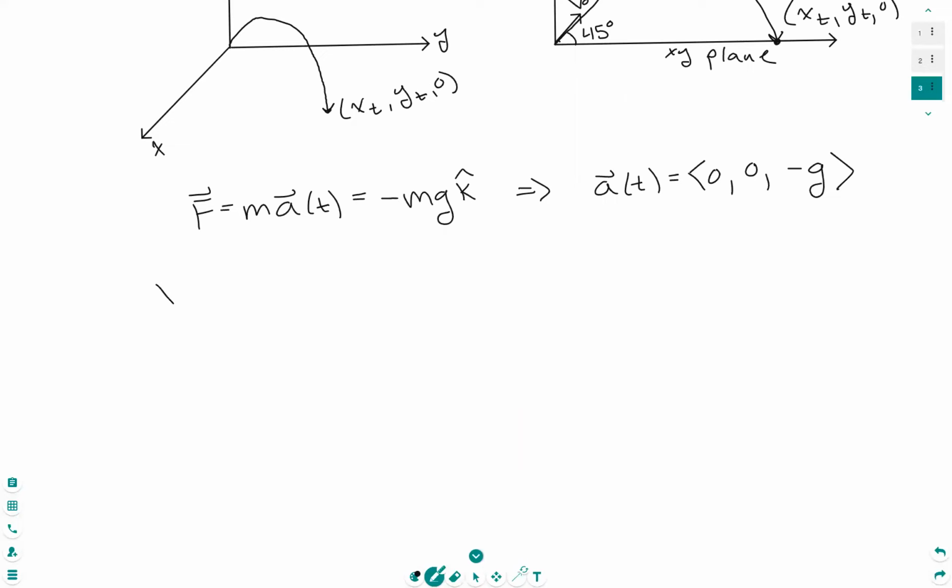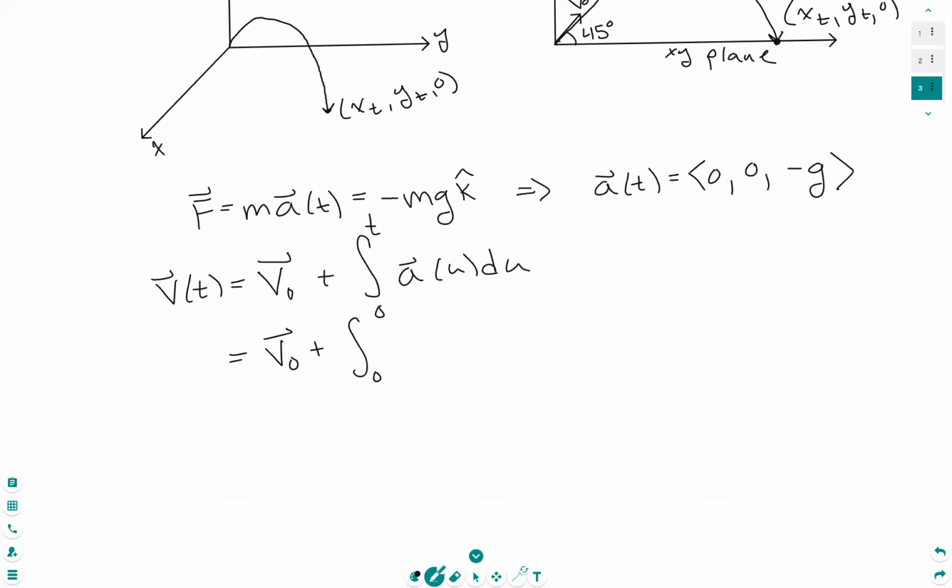From there, we can start figuring out what velocity is. So velocity at any given time t is my starting velocity, the thing that I want to find, this v naught, and then I have to tack on this integral from 0 to t of a of u du, which is our v naught plus the integral from 0 to t of 0, 0, negative g du.